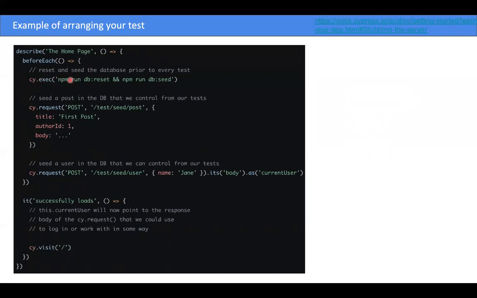You can reset your database and seed your database to have some elements in it. Then you can make a POST request to your API to add something in the database. And then you can check whatever you need to check after you have done everything you need to do in the beforeEach.